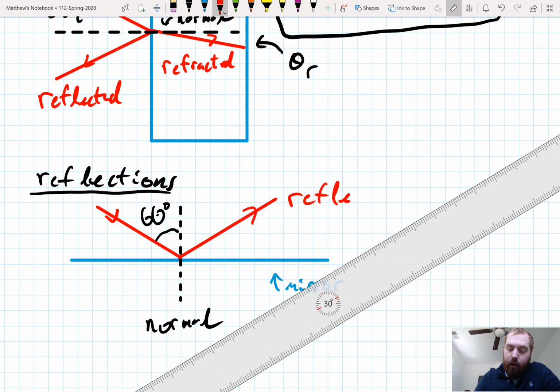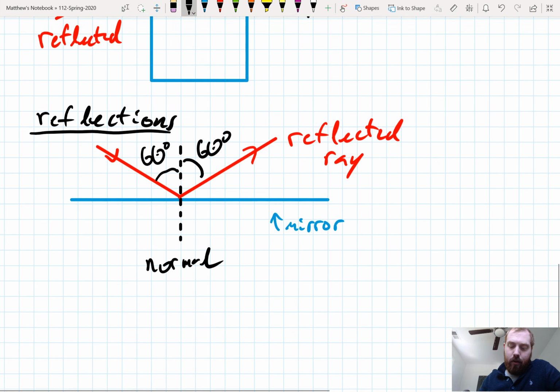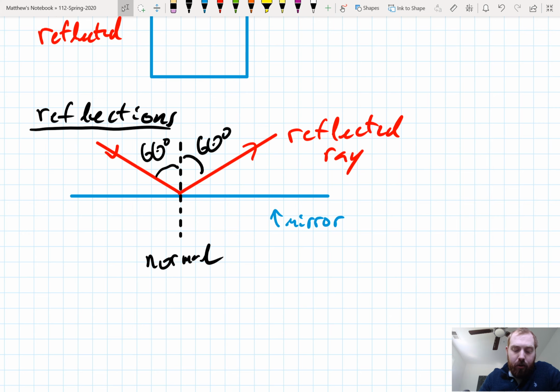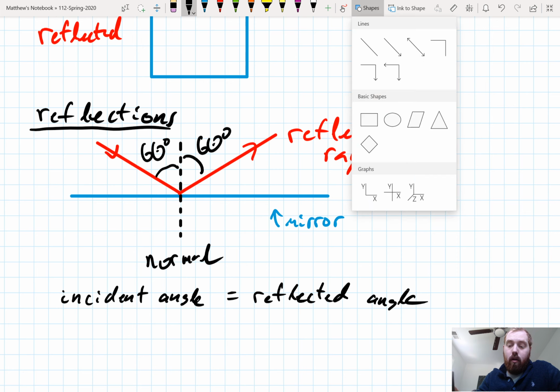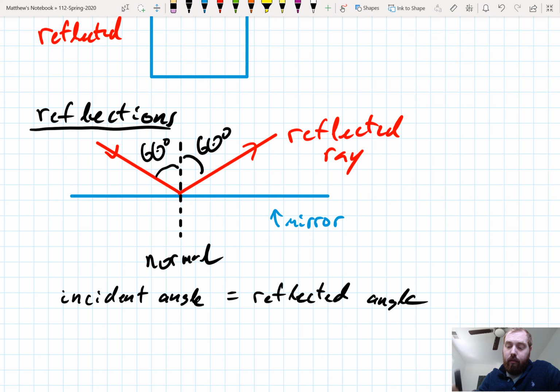There's my reflected ray, also at 60 degrees. All right. So when we're talking about reflections, the incident and reflected angle are always the same. And that's important enough that it gets its own little box.